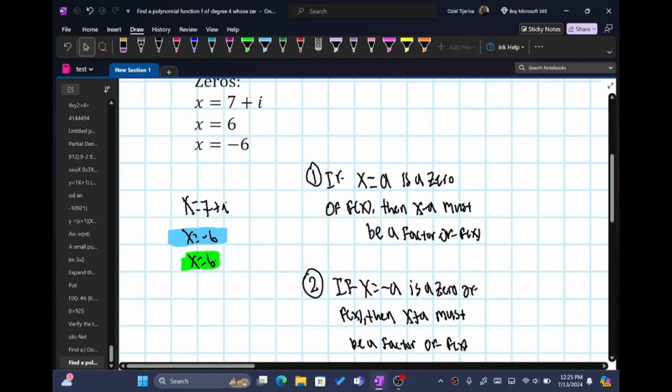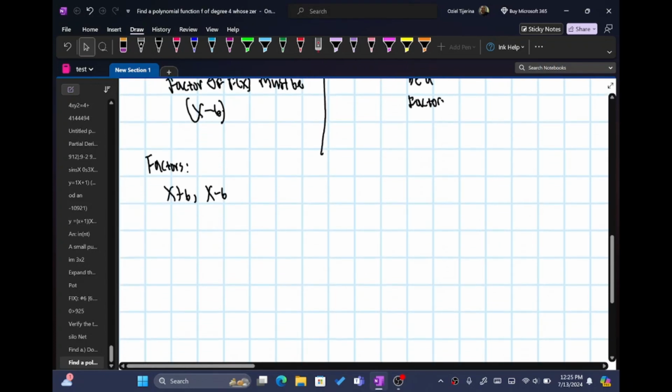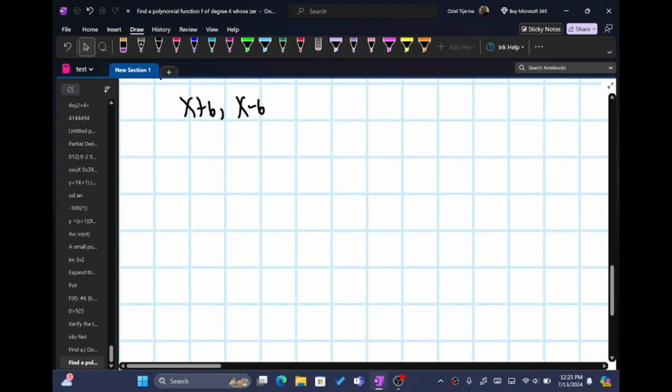Now we need to find the actual factors for x equals 7 plus i. This one is a little bit tricky.